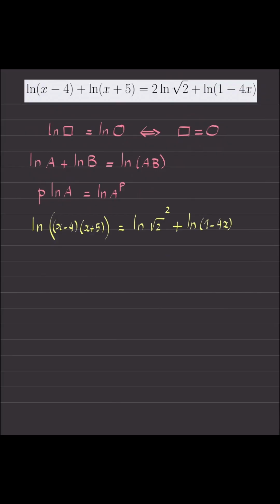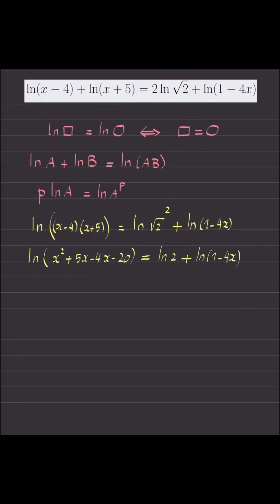Now, here I have two polynomials of first degree. I multiply them: x times x, x times 5, and so on. So it becomes ln of x squared plus 5x minus 4x minus 20. On the right-hand side, the square root of 2 to the power 2 is simply 2, so this becomes ln 2 plus ln(1 - 4x).